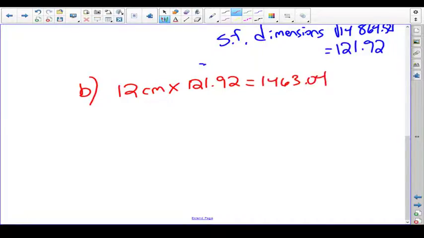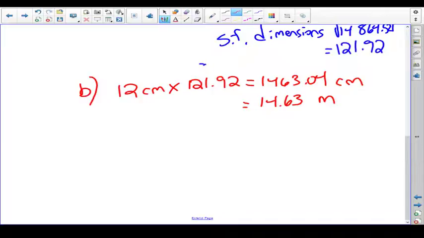So that's centimeters. Now, it might make some sense to at least change that to meters. Changing it to meters is a piece of cake. How do we change that to meters? How many spots? Good. So it's 14 points. I'd say 2 decimal places is fine. 14.63 meters. That's good. Okay.